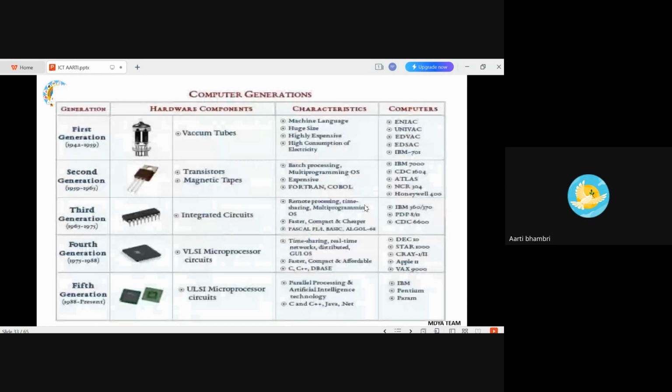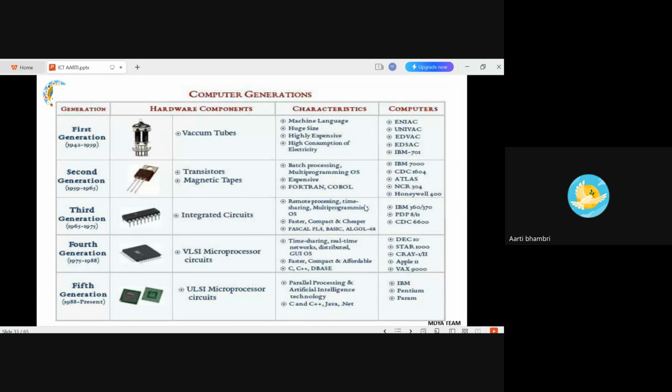Next, this is the whole data in one slide. First generation is vacuum tubes. Characteristics: machine language. You have to learn the first generation time period, 1942 to 1959. Hardware components: vacuum tubes.